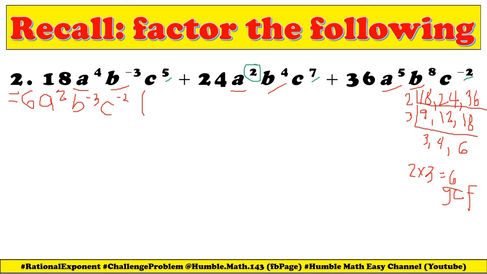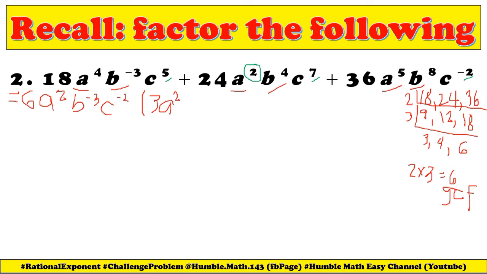What is left here is, how do we cater the first term of the second factor? We have 18 divided by 6, and that is 3. Then a to the 4 divided by a squared, so 4 minus 2 is a squared.